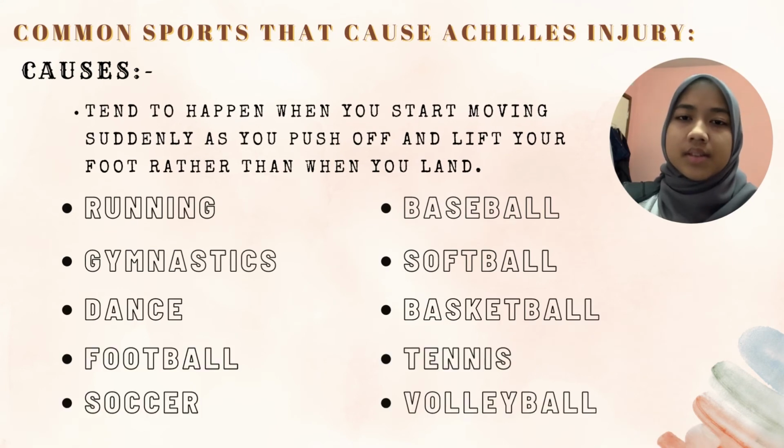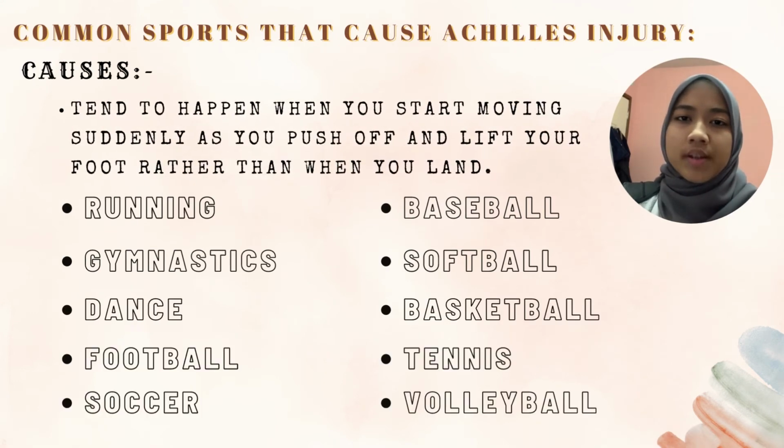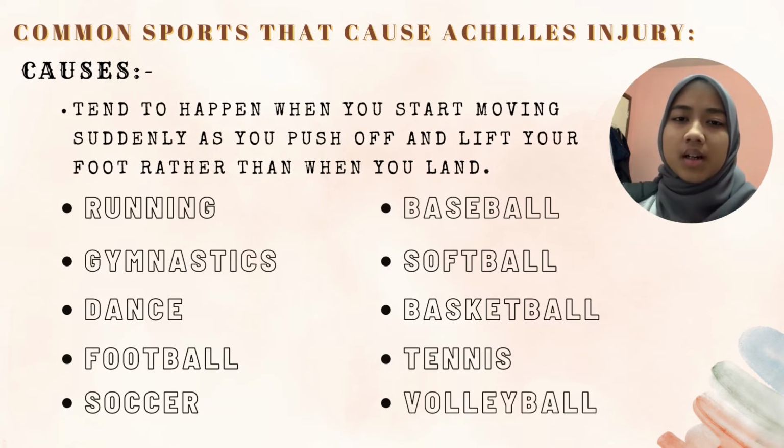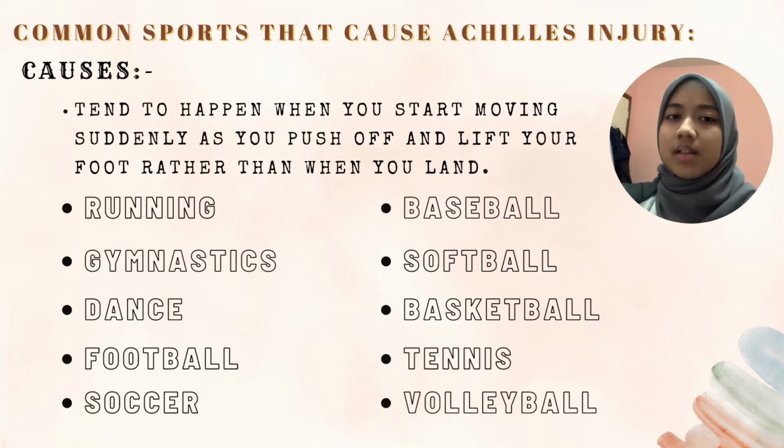Achilles tendon injuries are common in people who do things where they quickly speed up, slow down, or pivot, in running, gymnastics, dance, football, soccer, baseball, basketball, tennis, and also volleyball. These injuries tend to happen when we start moving suddenly as we push off and lift our feet, rather than when we land.